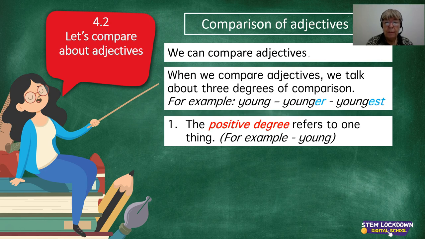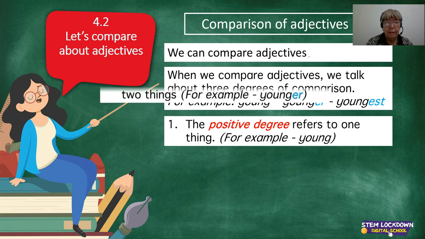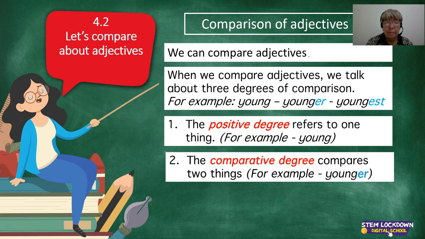For number 1, the positive degree refers to one thing, like young. That animal is young. That girl is young. The second degree is called the comparative degree, where it compares 2 things. She is younger than he is. That lady is younger than that lady.